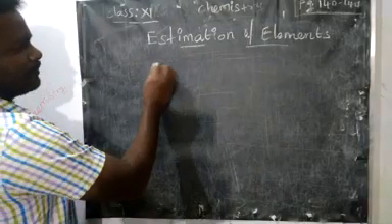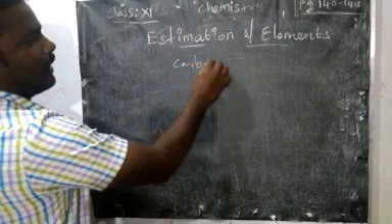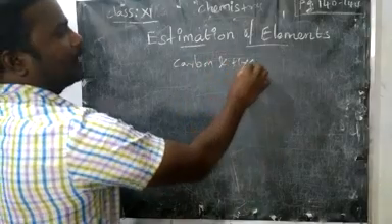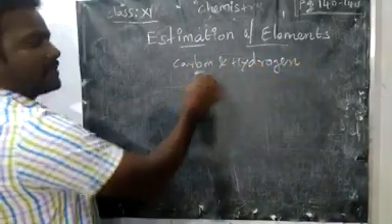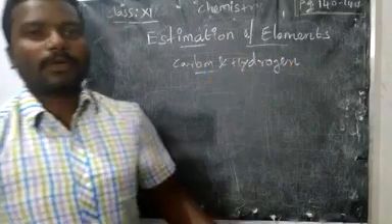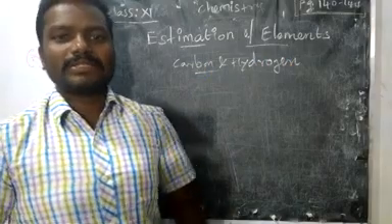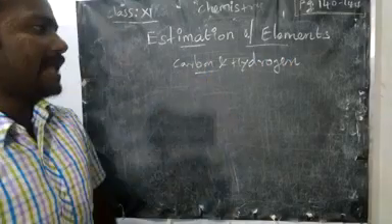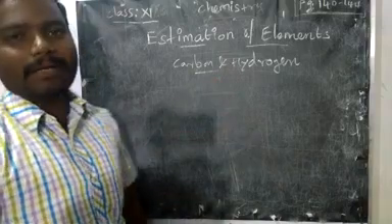Carbon and hydrogen together we can estimate, because in the detection also we used the same test. Here also the same test we can use to find the amount of carbon and hydrogen.